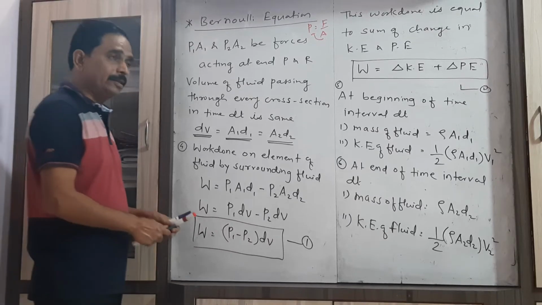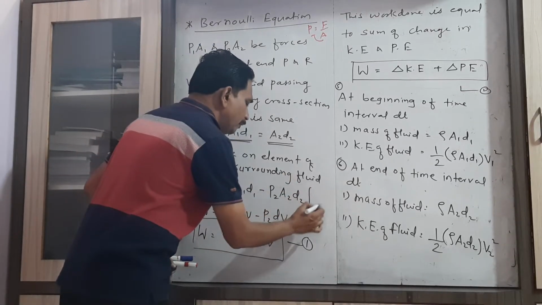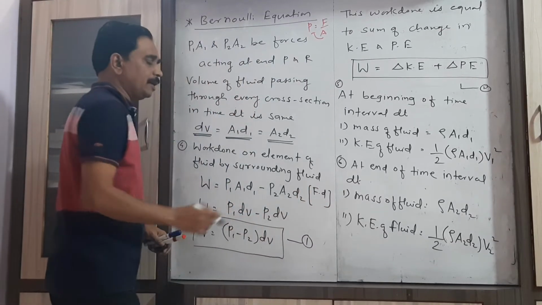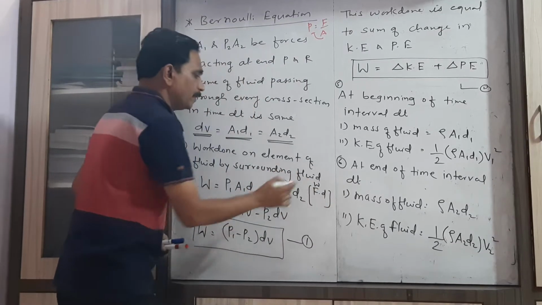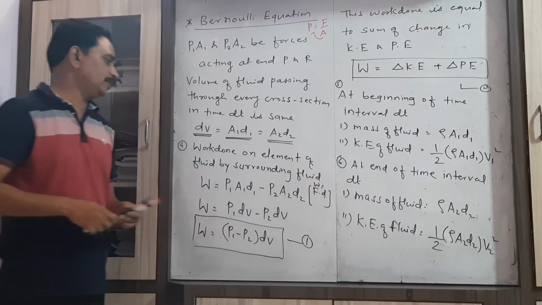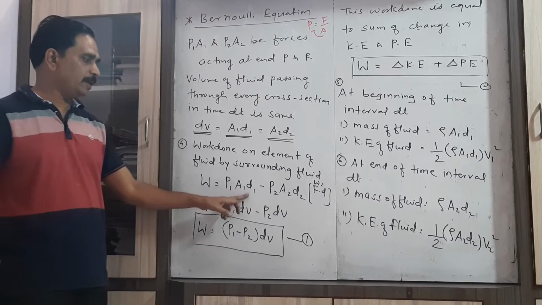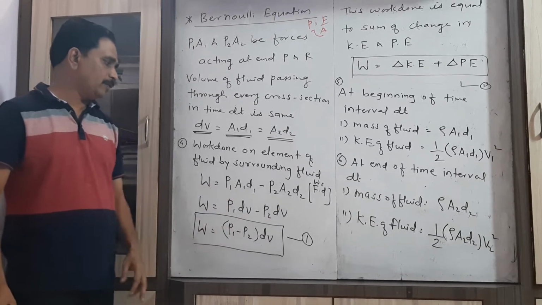Here we are using the formula for work done. Work done equals force into distance covered. That's why right here, work done equals P1A1 d1 minus P2A2 d2.